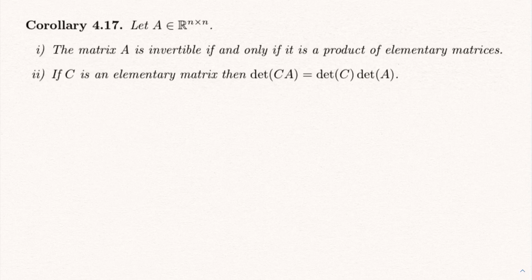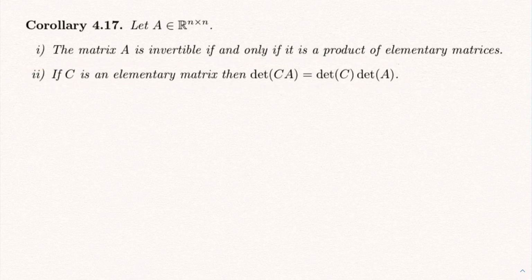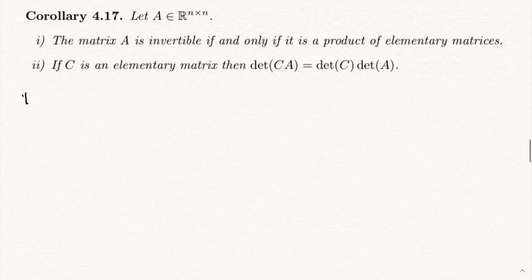And the second statement is: if C is an elementary matrix, so one of these three matrices, then the determinant of C times A is the determinant of C times the determinant of A. So somehow this is a special case of the theorem we want to prove in general after this. But now the statement here is just for the case when C is an elementary matrix. But first, let's see why number 1 is true.